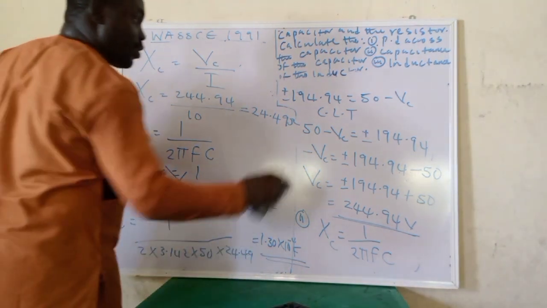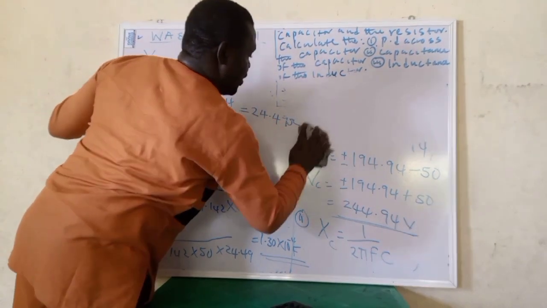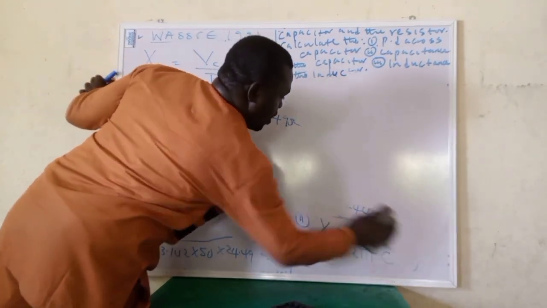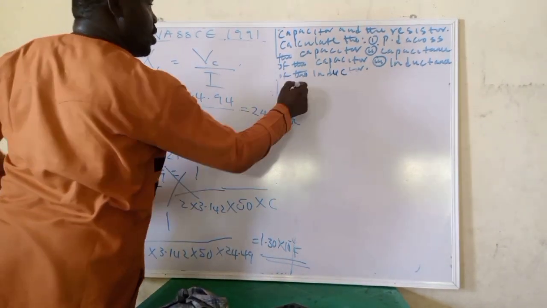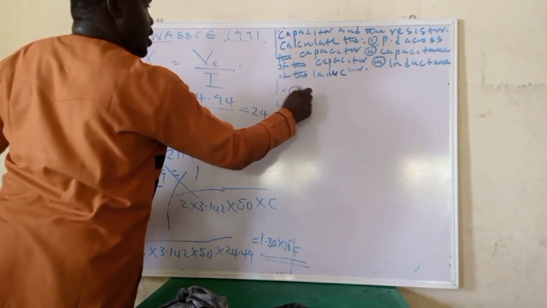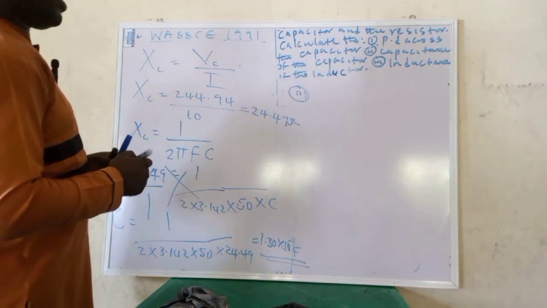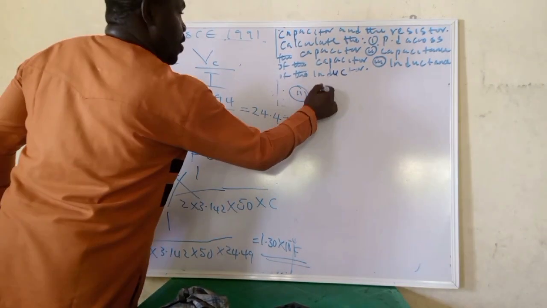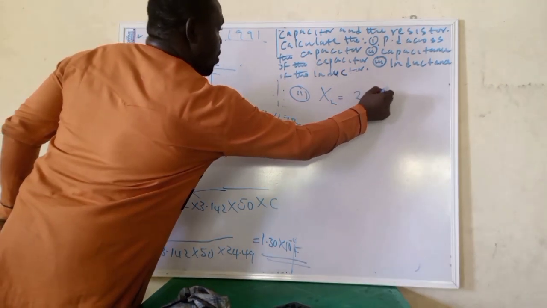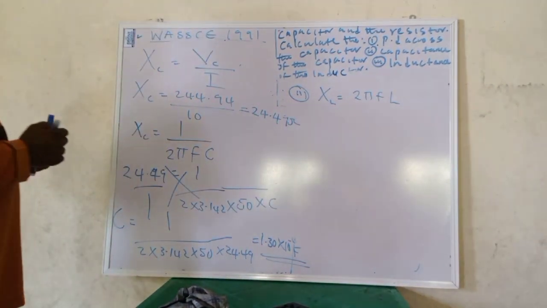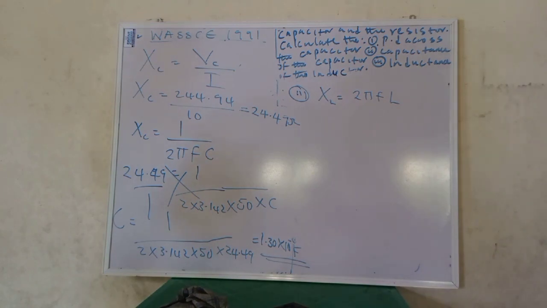So we want to touch the last part of the question. And the last part of the question says that we should find the inductance. The inductance, how do we go about that, please? So we know that our XL is 2 pi FL. Any information? XL, how do we get it?